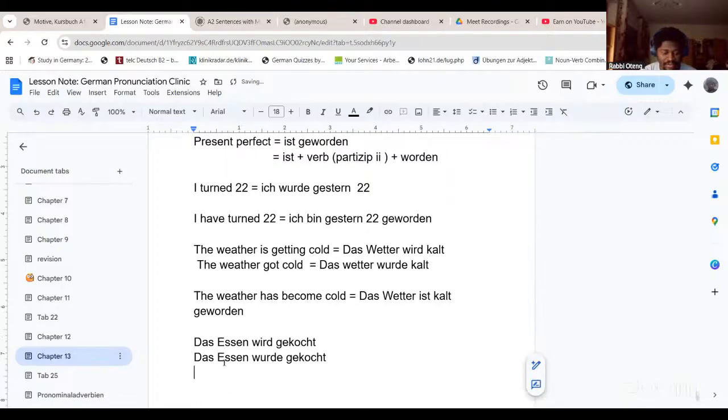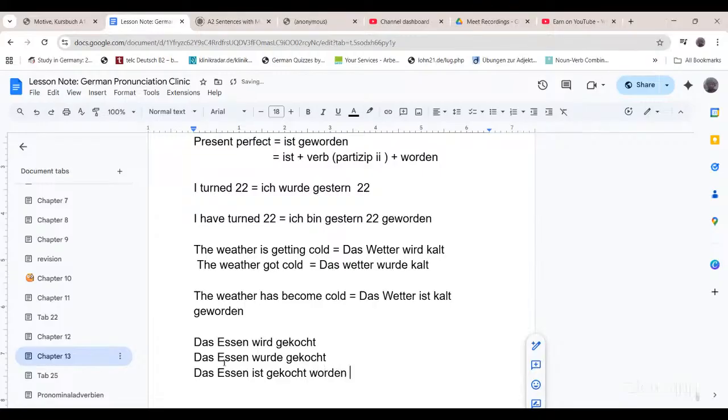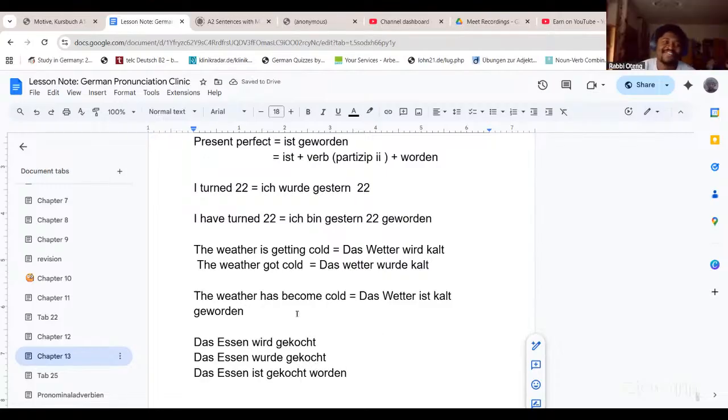Or using it in the present perfect, the food has become cooked: das Essen ist gekocht worden. Yes, with sein. Present perfect. Das Essen ist gekocht worden. Worden. Yeah, good.